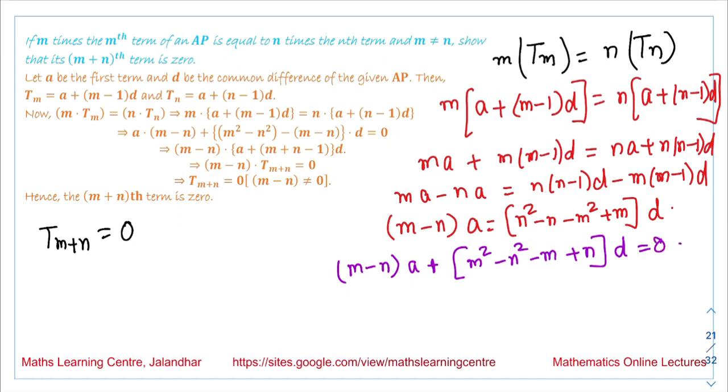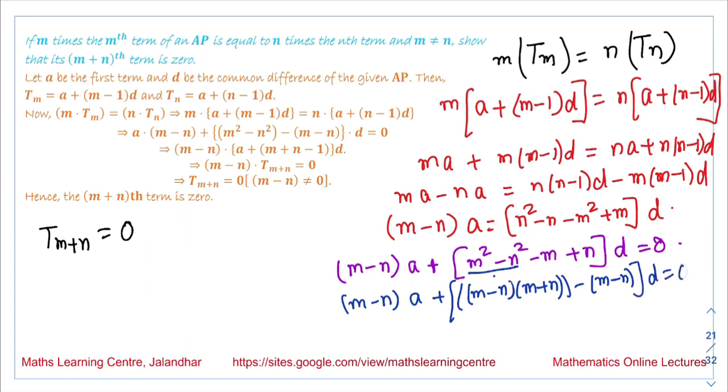So this gives us (m minus n) into a plus (m minus n) into (m plus n). We are writing this term as this, and in the second term we have taken the minus sign common, and we are left with (m minus n) into d is equal to 0.